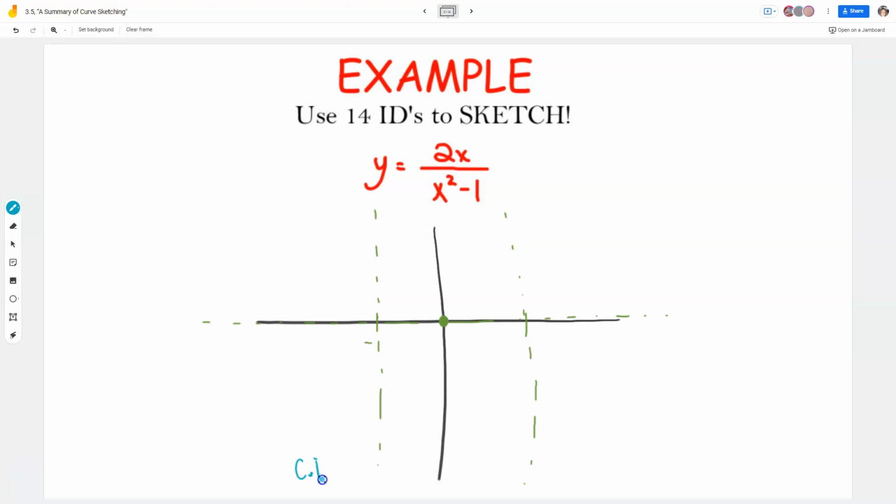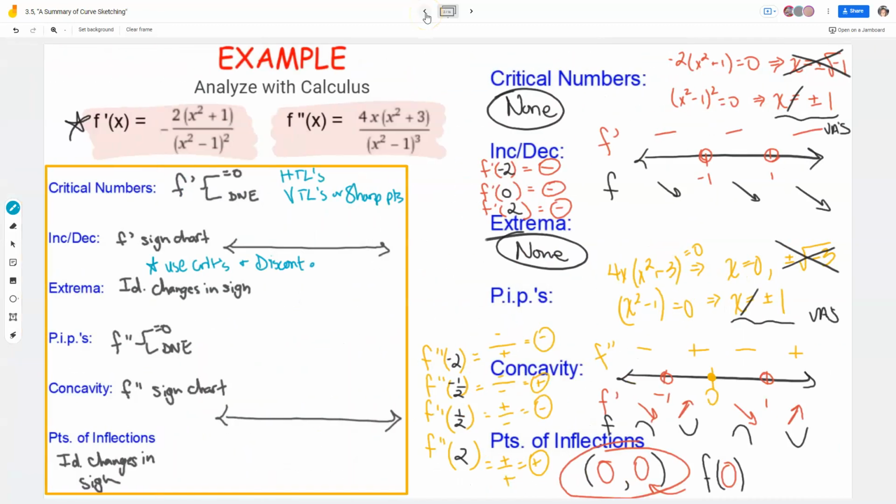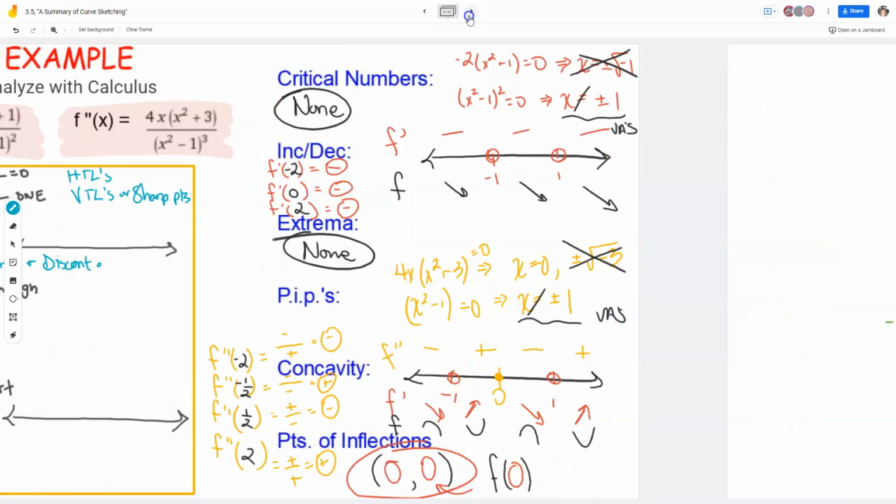Is that right? Cool. And what do we know about increasing, decreasing? Go look at the increasing, decreasing chart. What's happening from negative infinity to -1? We already got the concave down. What was the increasing, decreasing? I think it's down, isn't it? All over here. So it's decreasing and concave down.